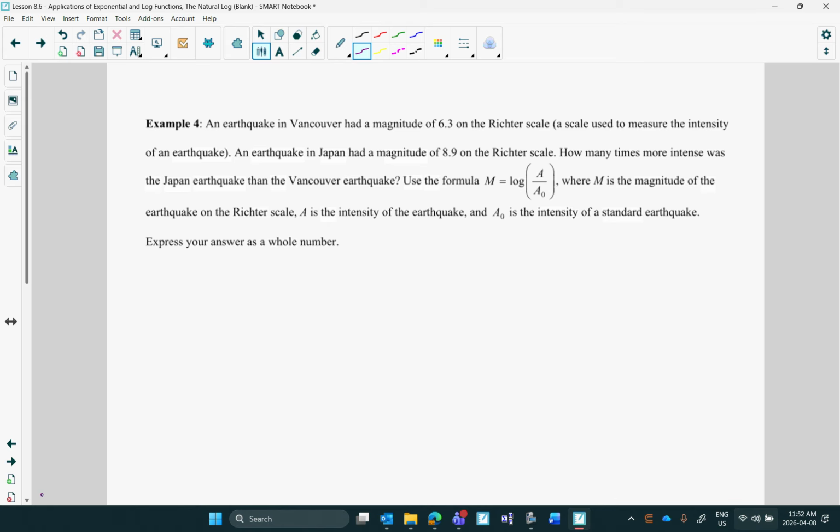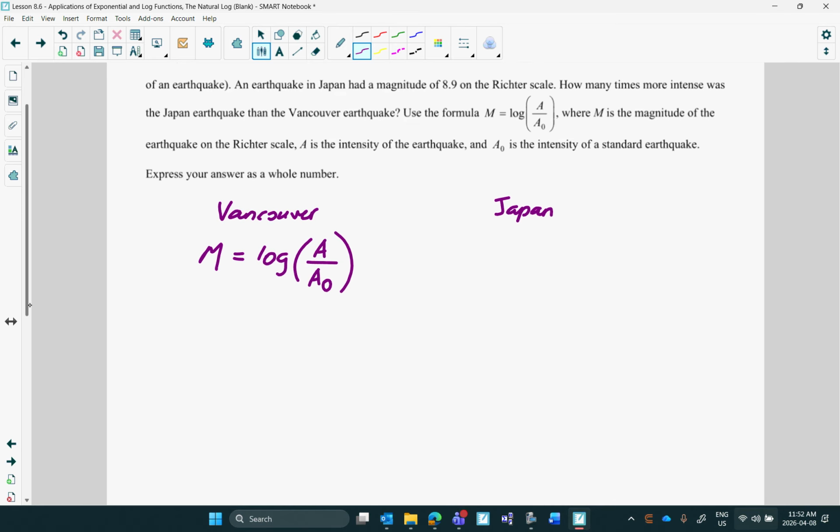So we've got the magnitude, we need to find the intensity of Vancouver and the one in Japan. So using the formula, I know that for Vancouver, the magnitude was 6.3.